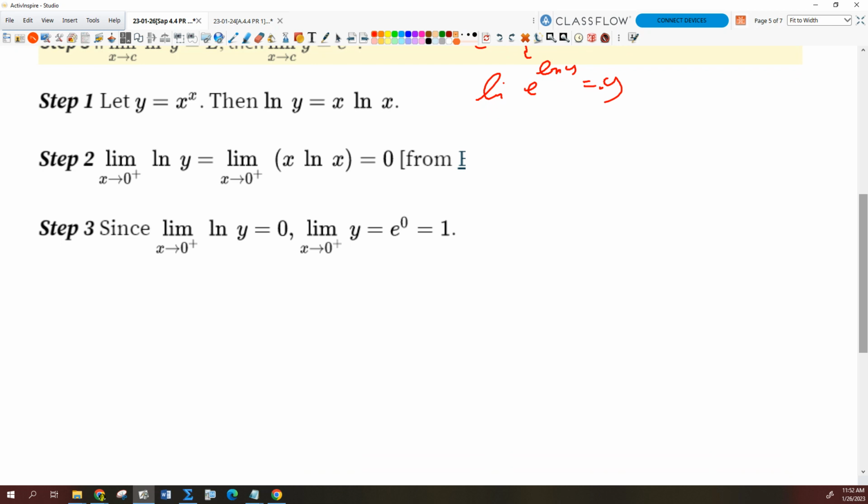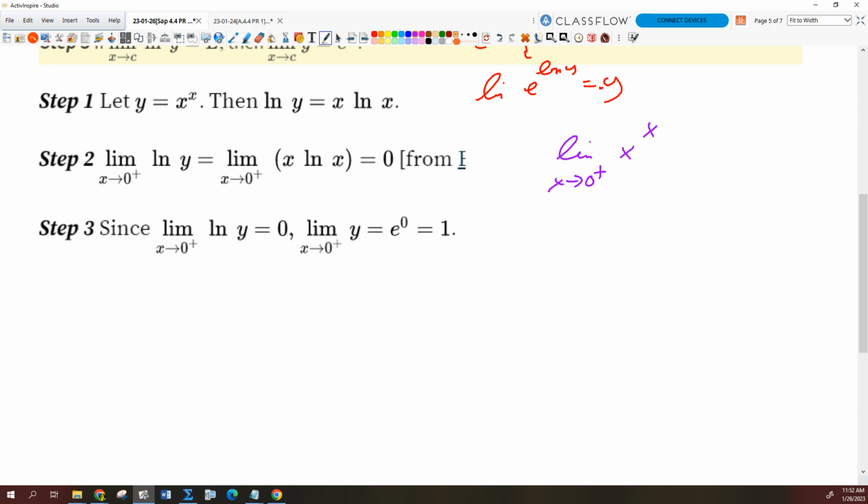They didn't explicitly state this, but what we're doing in this problem is taking the limit of x to the x as x approaches 0 plus. Well, that looks like 0 to the 0, doesn't it? So we're going to log both sides, right?